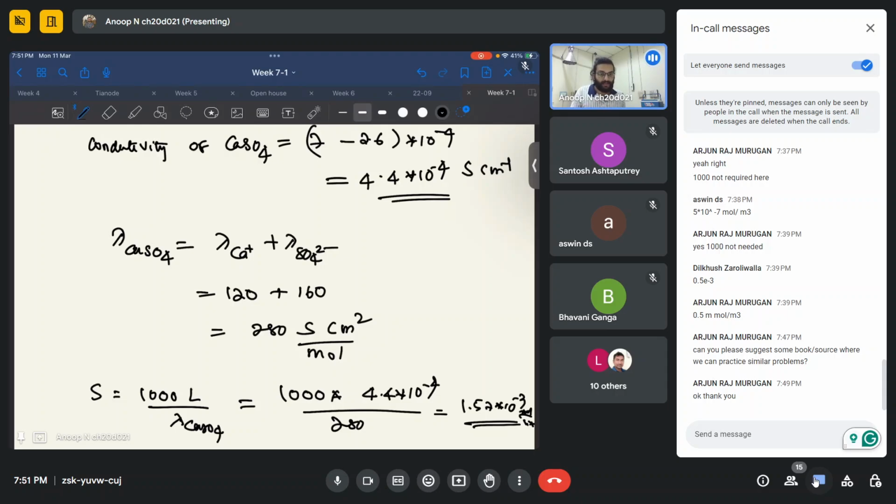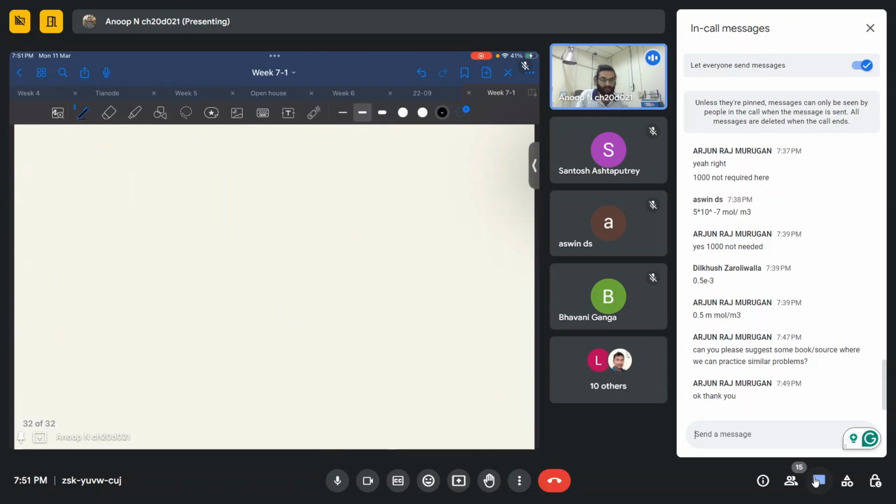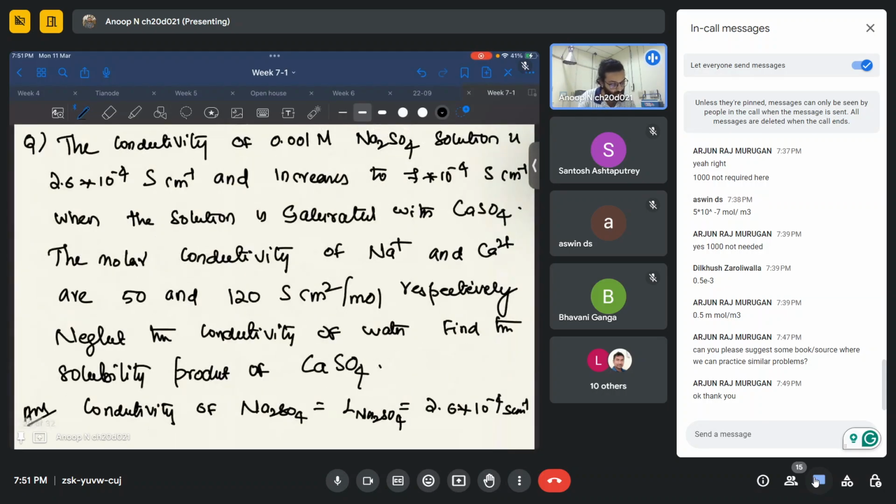So the question is to find out the solubility product. I'll just fasten it up because I have to leave for another meeting at 8. Ksp is equal to concentration of Ca2+ into concentration of SO4 2-. Here you can see in the question SO4 2- is coming in two parts: in Na2SO4 also SO4 2- is there, as well as in CaSO4.